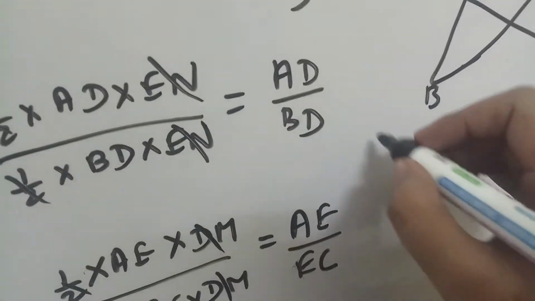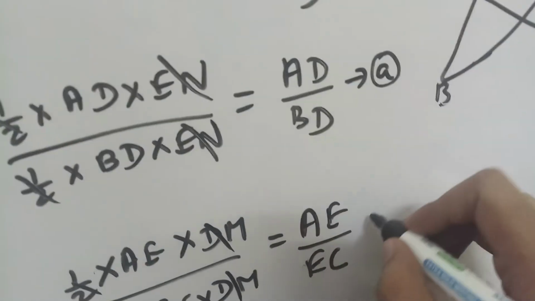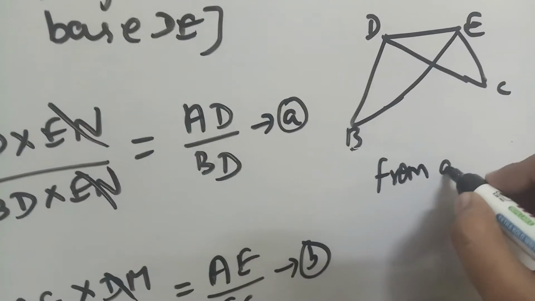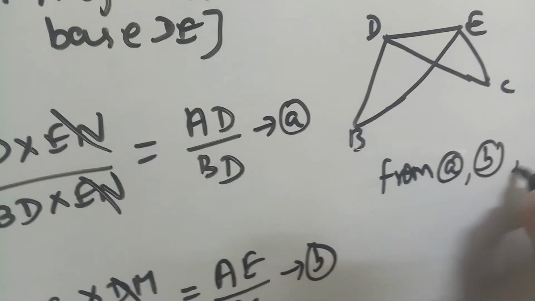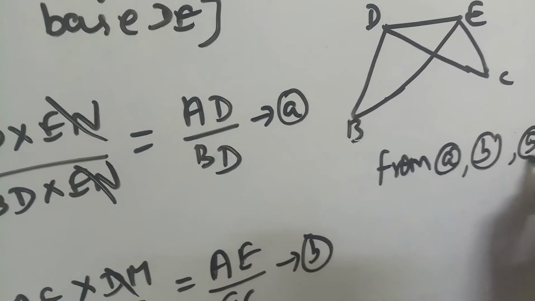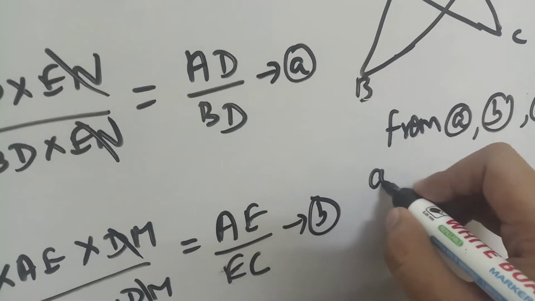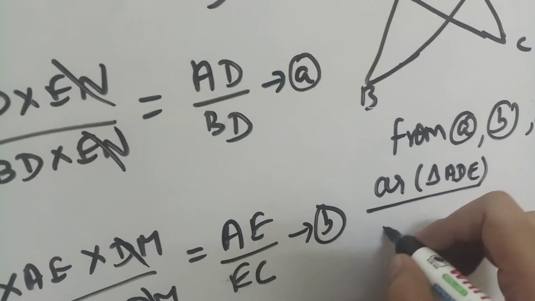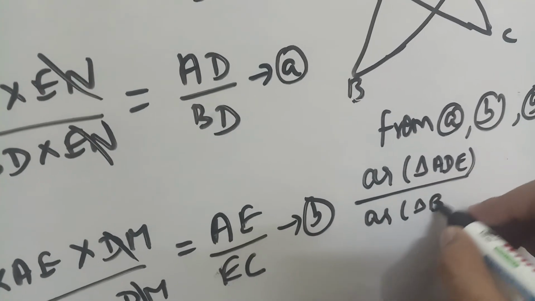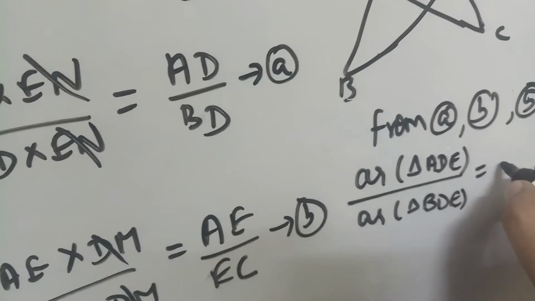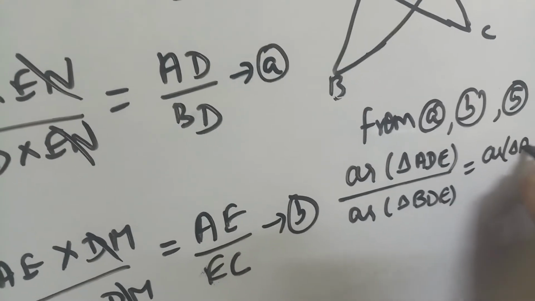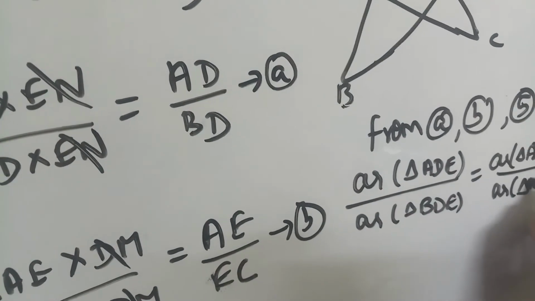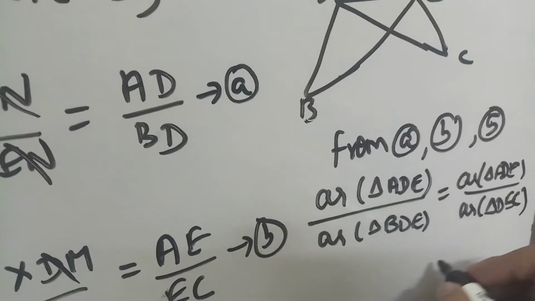So marking this as A, B, from A, B and the fifth equation we write area of triangle ADE by area of triangle BDE equal to area of triangle ADE by area of triangle DEC, as they are equal.